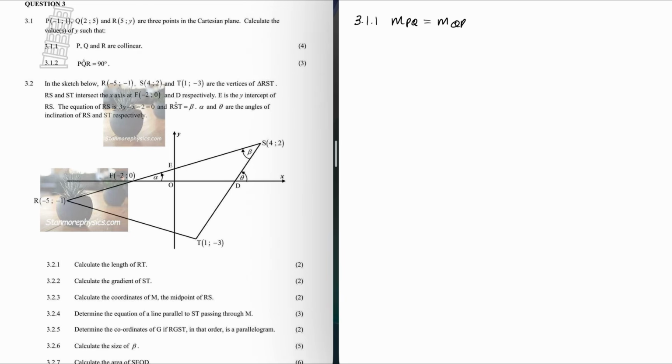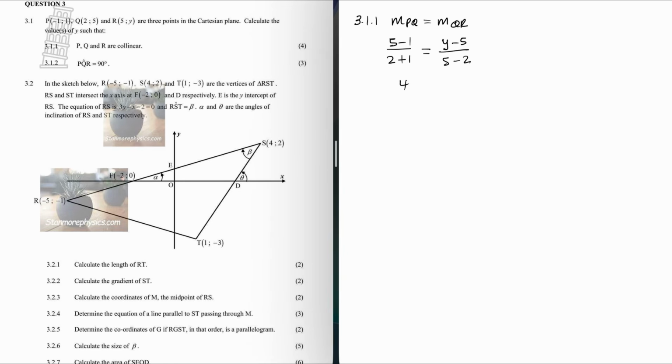Let's use QR. For PQ, I'm going to go with 5 minus 1 divided by 2 plus 1, and that's going to equal the gradient of QR. QR will be y minus 5 over 5 minus 2.